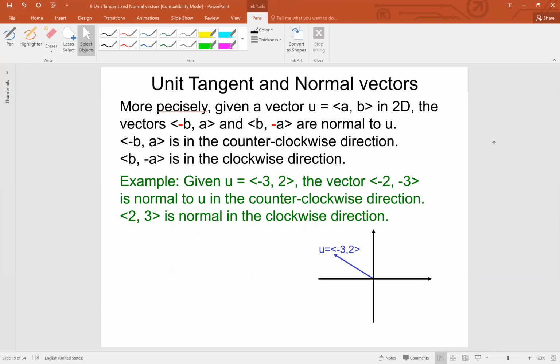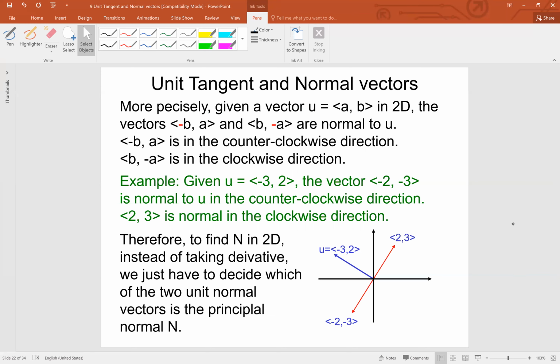So when you start with (a, b), you get (-b, a) and (b, -a). So you get 2 of them. So if this problem is a curve in 2-space, in the plane, then we can find the unit normal very easily.